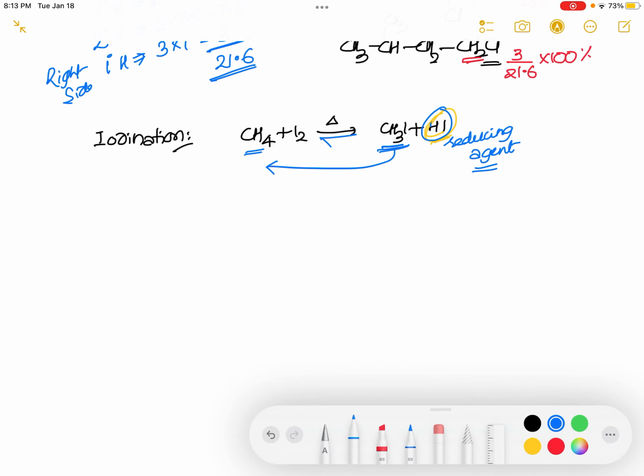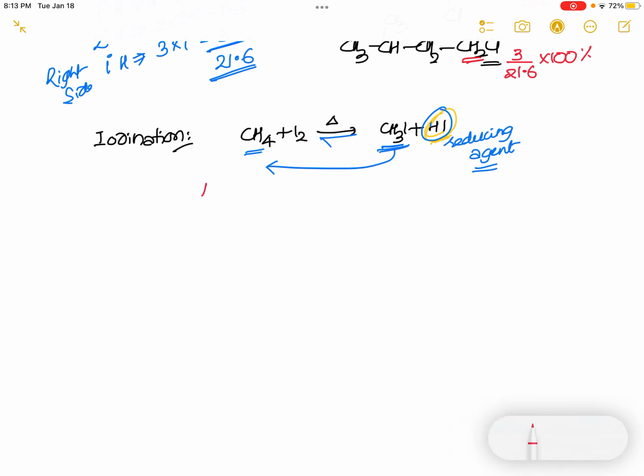So to avoid this, one very important oxidizing agent is to be used. Generally we use HNO3 or HIO3, which we call oxidizing agents.